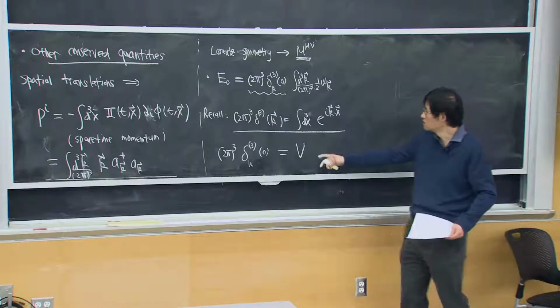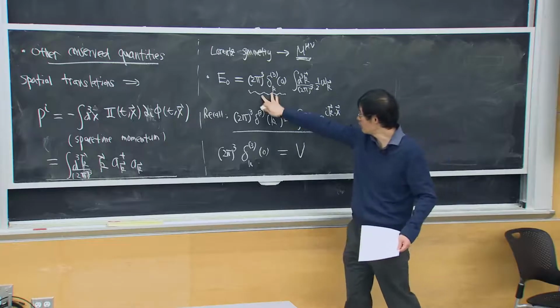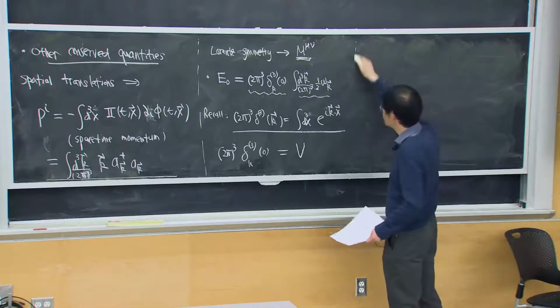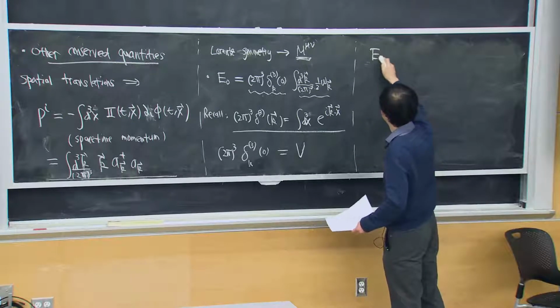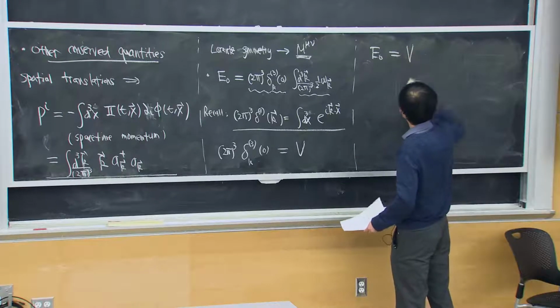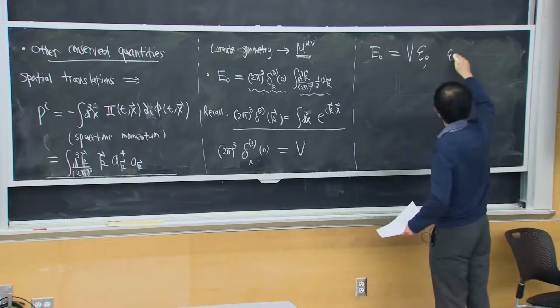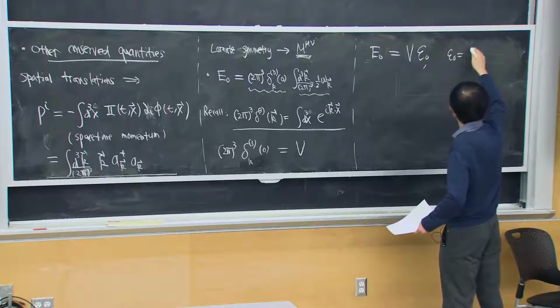Since this is the volume, we now have a very good interpretation of this quantity. We can write E0 as volume times epsilon 0, and epsilon 0 has the interpretation of the energy density.